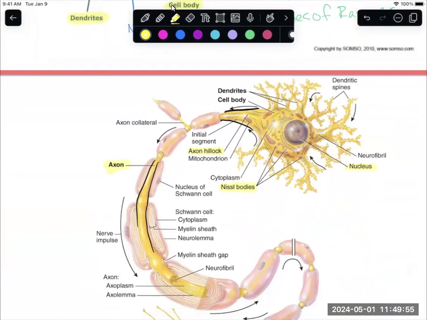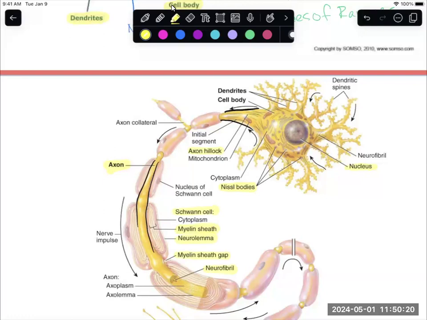This myelin sheath is all these wrappings around of that Schwann cell or that neurolemmocyte. We see that myelin sheath gap, which is listed on your sheet as that neurofibril node or node of Ranvier. We also can see these little teeny tiny neurofibrils.